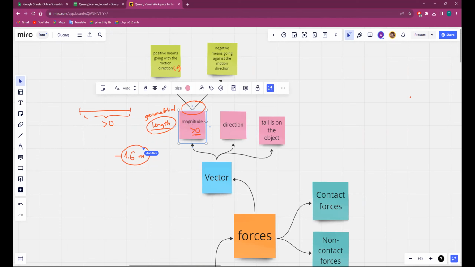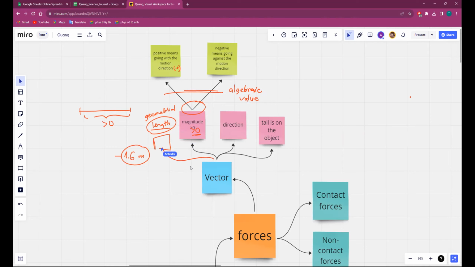To be more accurate, you don't describe those as magnitude, but they are called the algebraic value of a vector. So I could add another box for algebraic values, and then I have these two arrows on it.